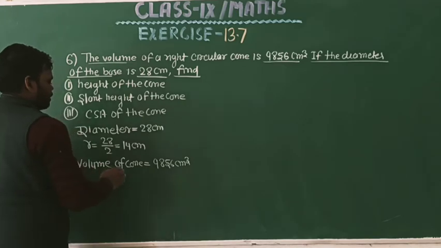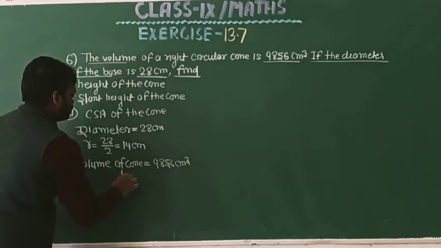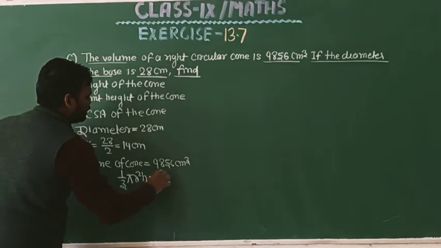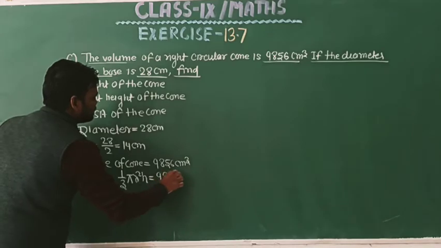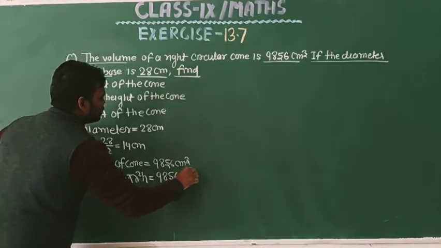Okay, we know the formula. Volume of cone is 1 by 3 pi r square h, equal to 9856 centimeter cube.